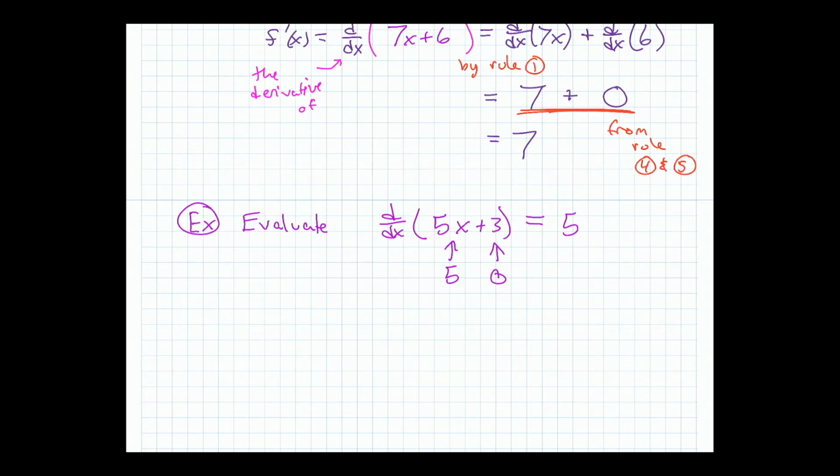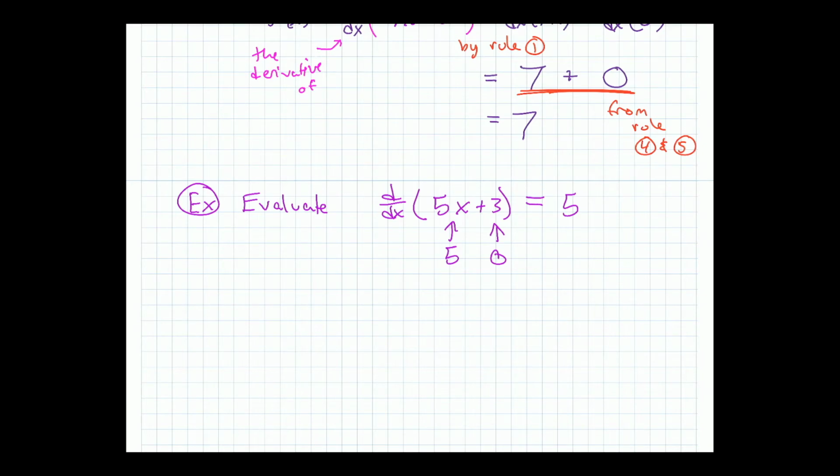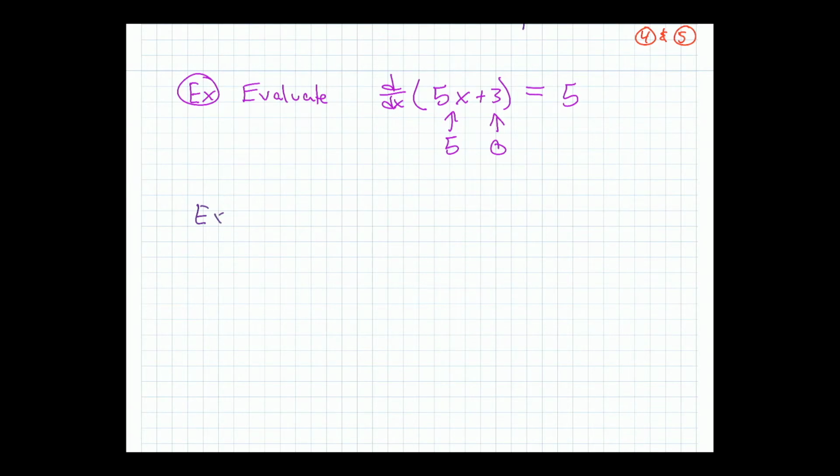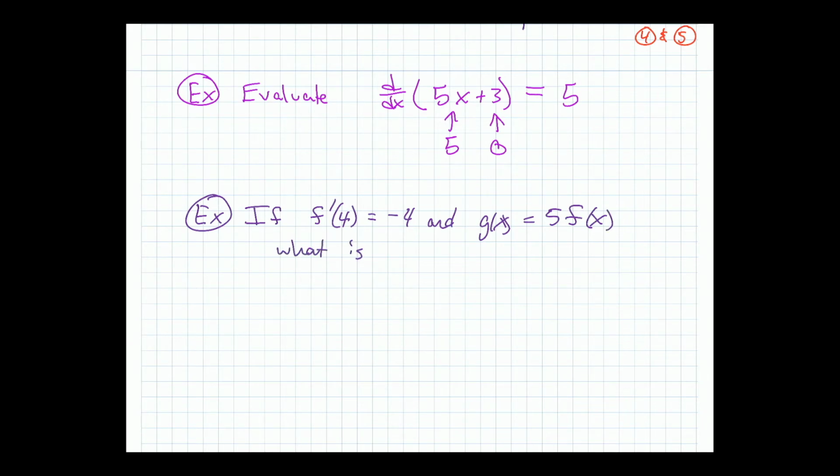All right. Now you can also apply these rules with numbers. They'll give you numbers like this, and it's initially confusing because it's just too many symbols on the page. But here's an example straight from the homework. If f prime of 4 equals minus 4, and g of x equals 5f of x, what is g prime of 4?